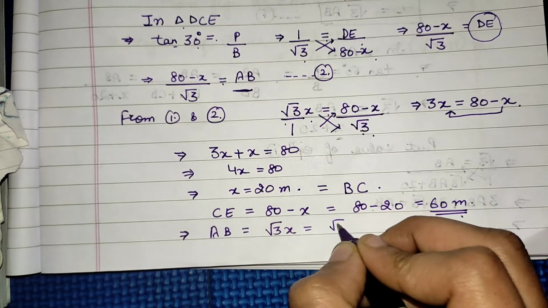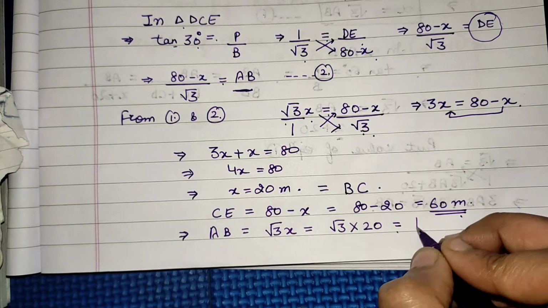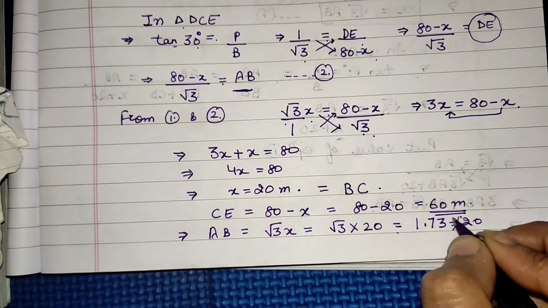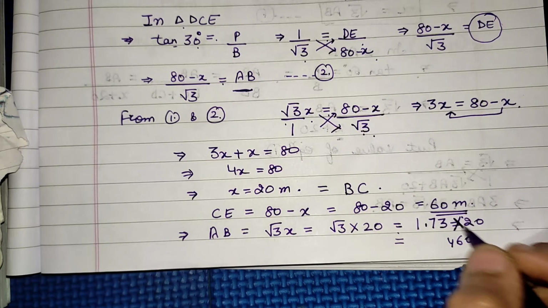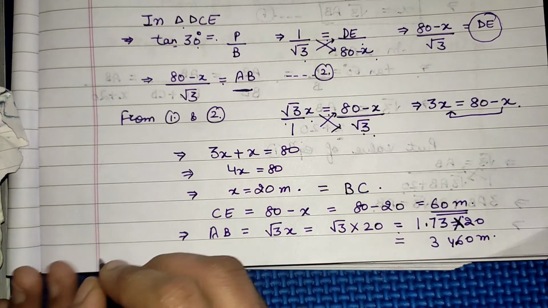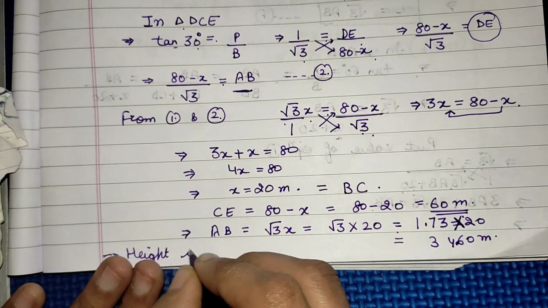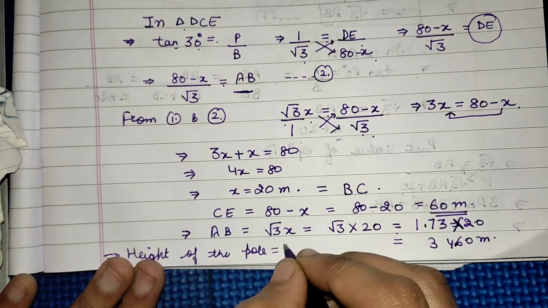And x we have found out is equal to 20. We know that the value of root 3 is 1.73. So if we multiply this, then I will get 34.6 meters.